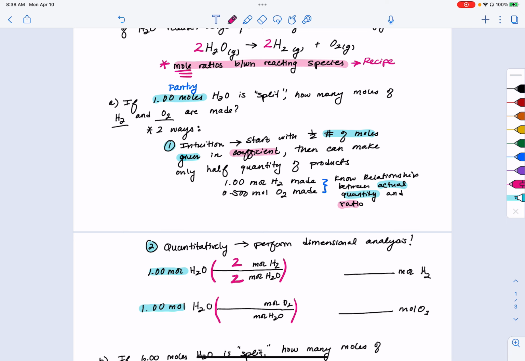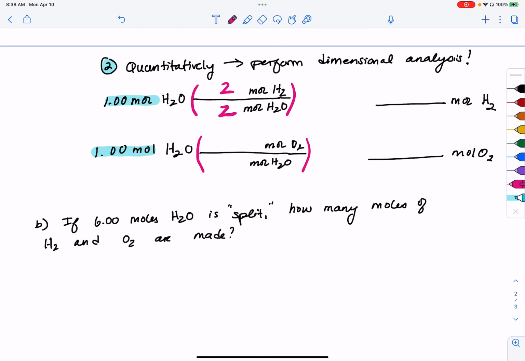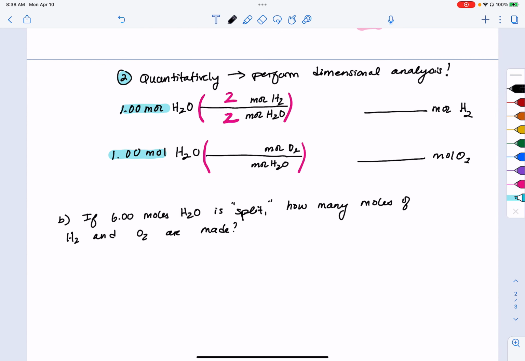So 2 over 2 is 1. Notice that my units here cancel. Moles H2O, moles H2O, leaving me with moles H2. And this now gives me 1.00 moles of H2.